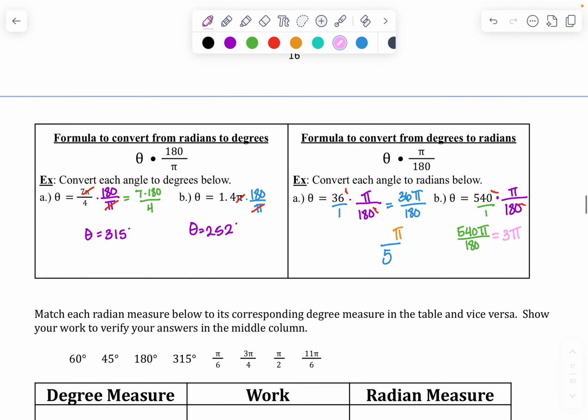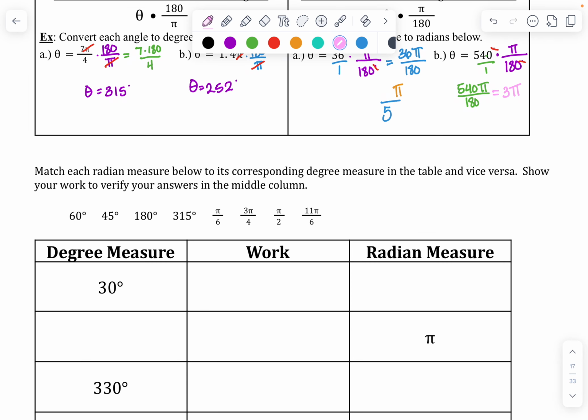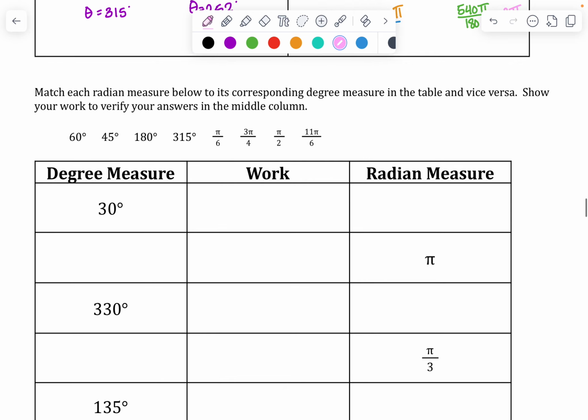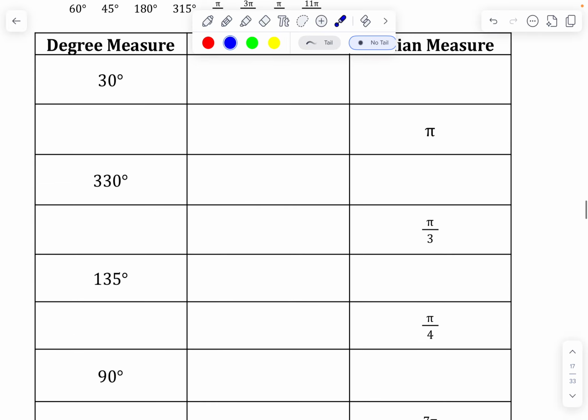So you guys are going to take a second to practice converting. These are some of our values that are actually going to be on our unit circle. So take a minute and see if you can convert 30 degrees to radians, pi radians to degrees, and you have an answer bank up here to help check your work. Okay, so take a few minutes. I'll put up answers in a second for you to check.